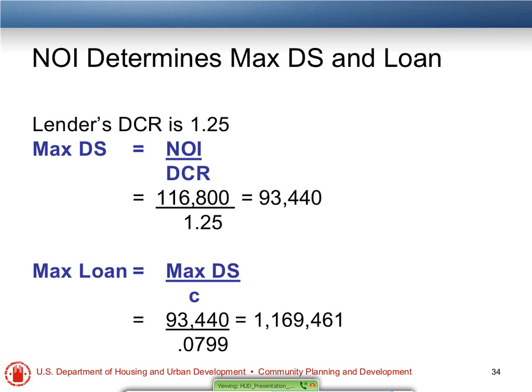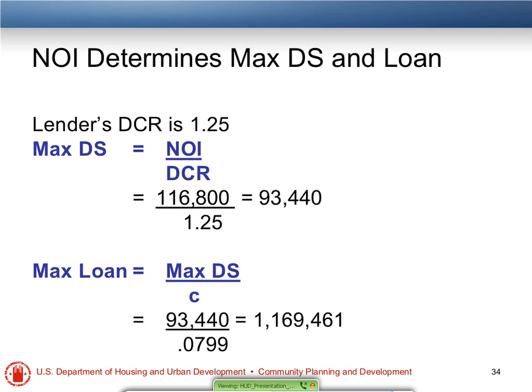More important to the lender is really the maximum that the project can afford to repay based on operating income. If the lender has a debt coverage ratio of 1.25, we see the formula here for calculating the maximum debt service based on a debt coverage ratio of 1.25.